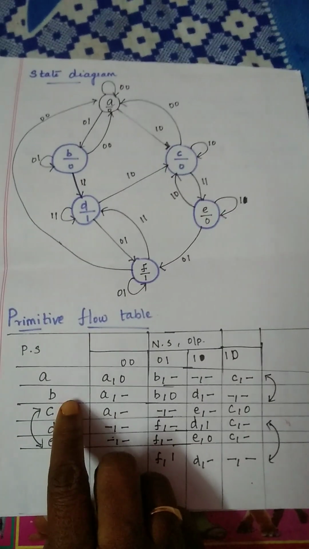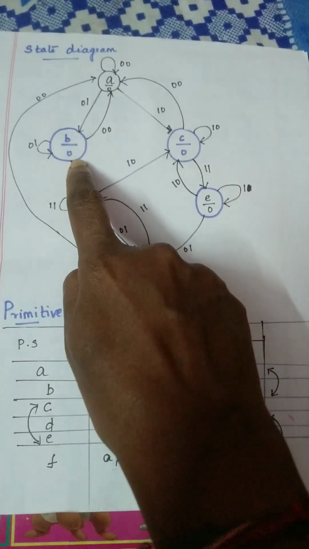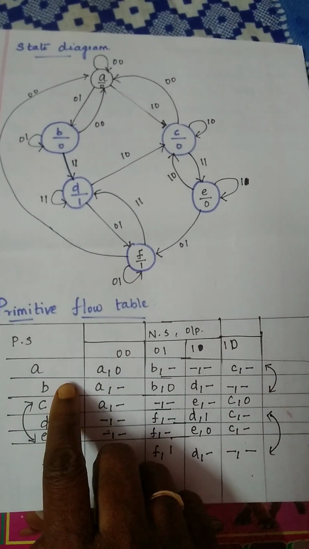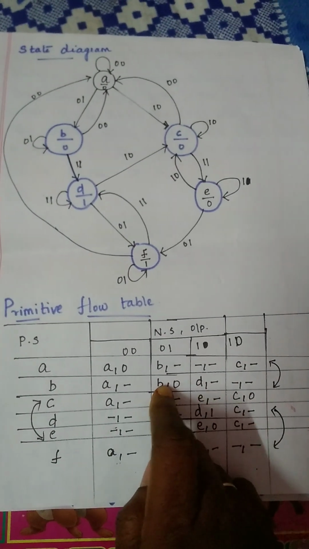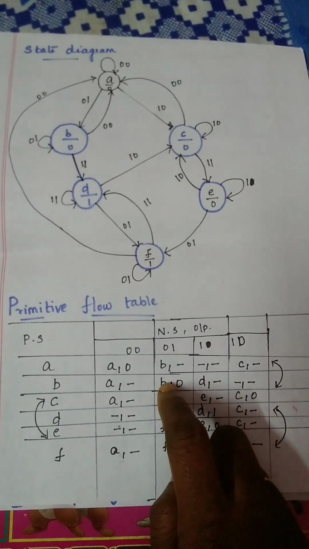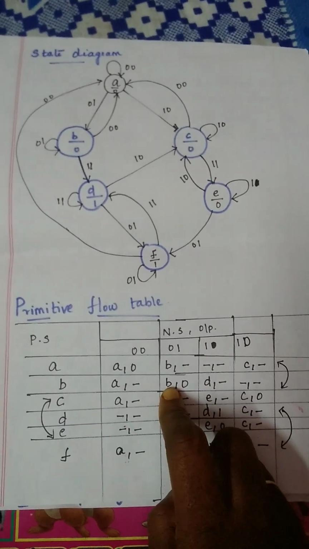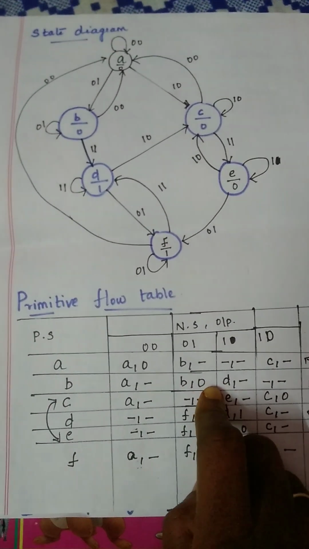Next, if you see the B, B is moving to A state whenever your input is 0 0. Whenever your input is 0 1, B is retaining in the same state. If it is retaining in the same state, that state will be called a stable state and your output is 0.